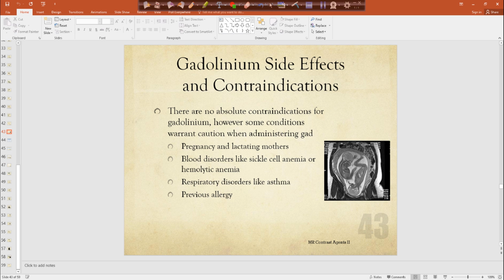There are really no absolute contraindications. There are recommendations to be cautious of. So some conditions that warrant caution are pregnancy and lactating mothers. If you give a lactating mother gadolinium, usually you want them to pump and dump for 36 to 48 hours so that that contrast is not given to the newborn baby.